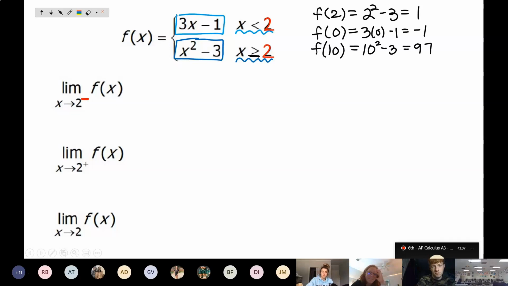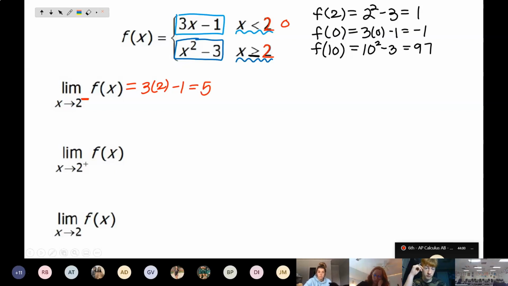But which function would be considered to be immediately on the left-hand side of 2? The top one. It is an open circle, but it doesn't matter. We're still going to use the left-hand side. So I would have 3 times 2 minus 1, or 6 minus 1, which is 5.